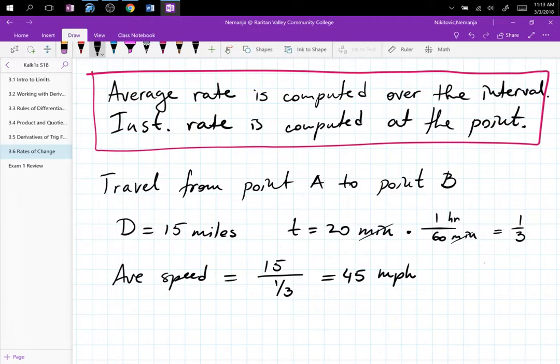You know very well that as you push gas or the brake, the speed on your speedometer instantaneously changes. So at every point in time, there is a speed assigned to that point in time.